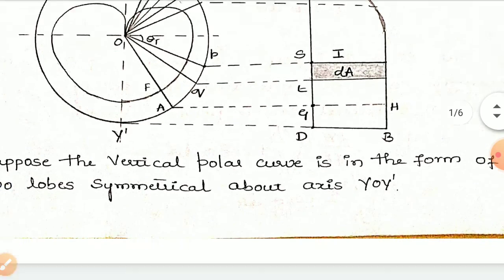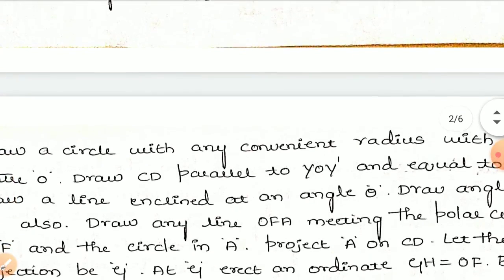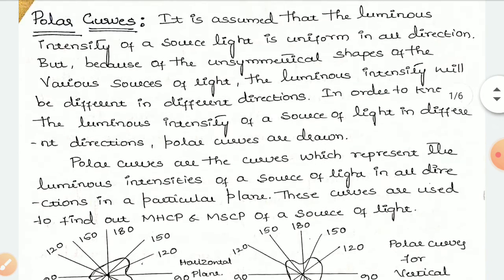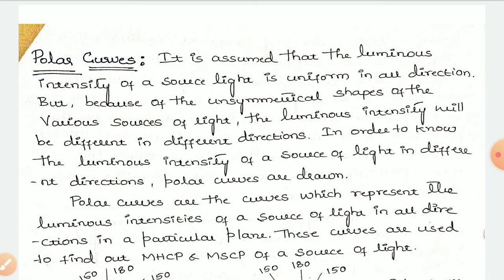By plotting the different polar curves in a horizontal plane and a vertical plane, you can find out the mean spherical candle power as well as the mean horizontal hemispherical candle power using these vertical polar curves by the Russian's criterion. This is a brief idea of what exactly the polar curves are.